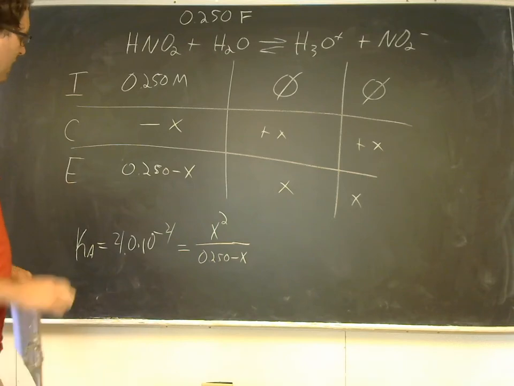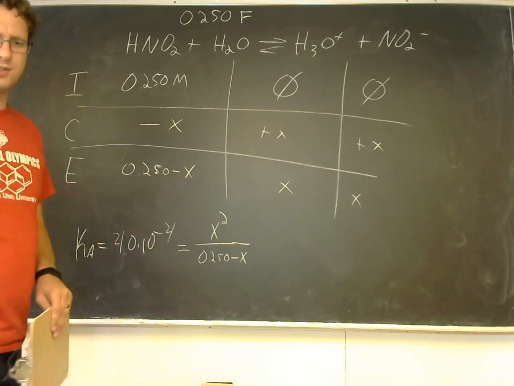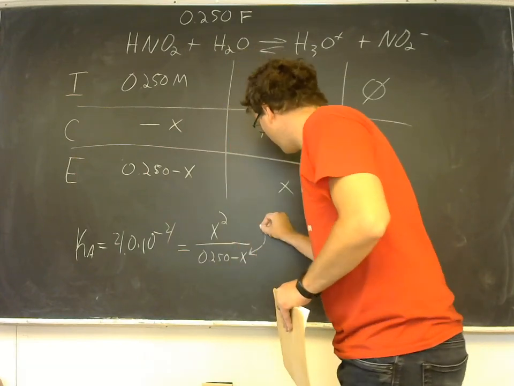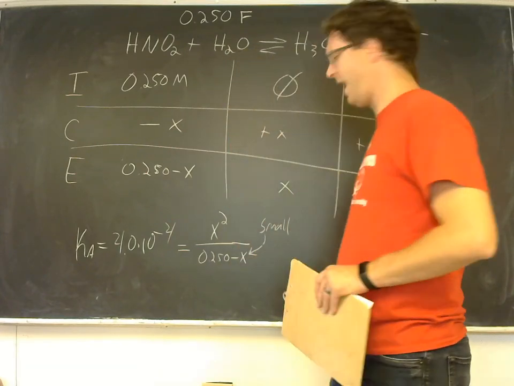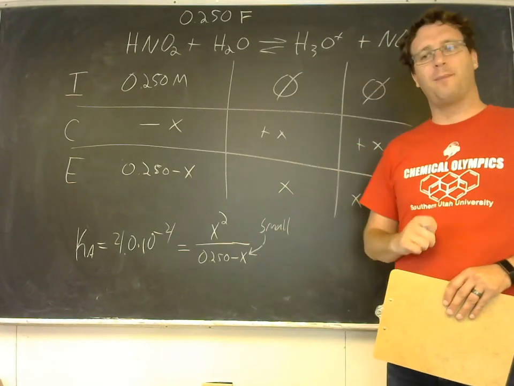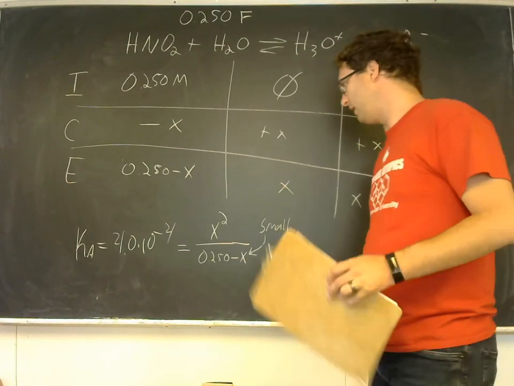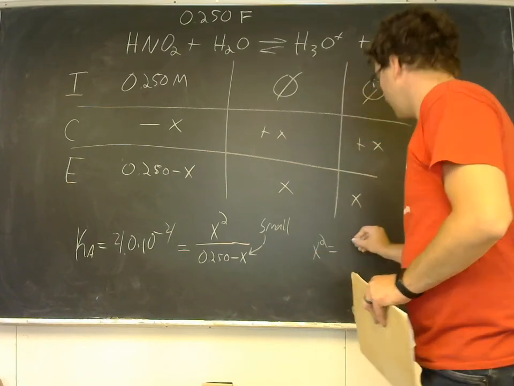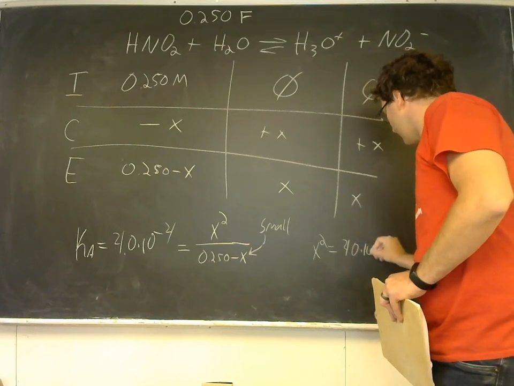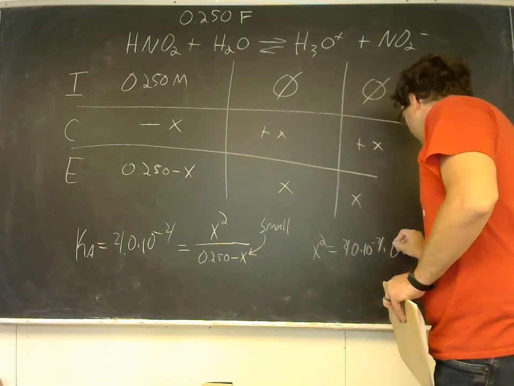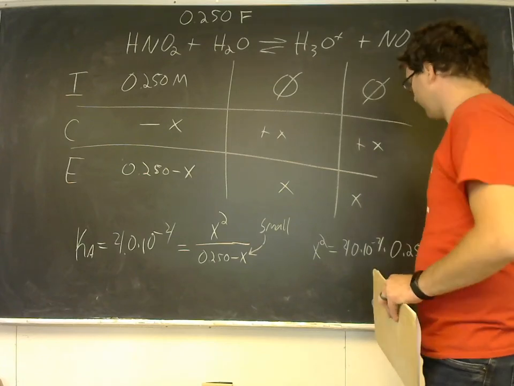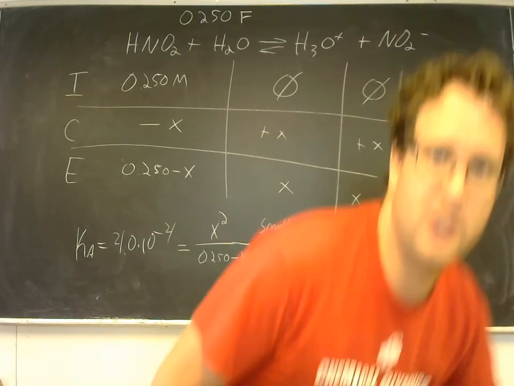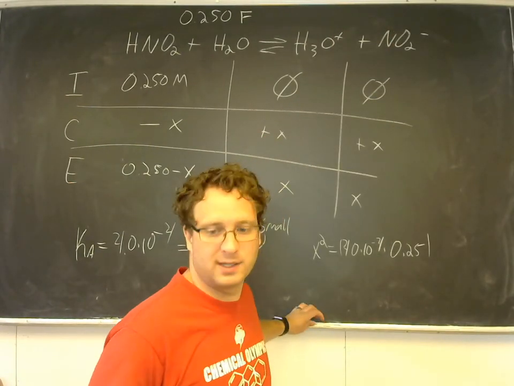And 4.0 times 10 to the negative fourth is a small enough Ka value that I'm at least going to hope that x is small enough to ignore, and that would mean that x squared is equal to 4.0 times 10 to the negative fourth times 0.25. Well, let's calculate that, find a value for x, and check whether we're justified in making that simplification.